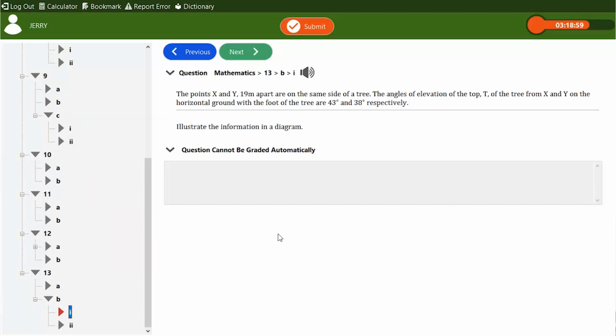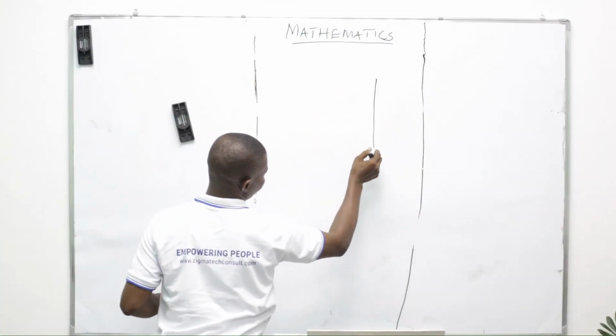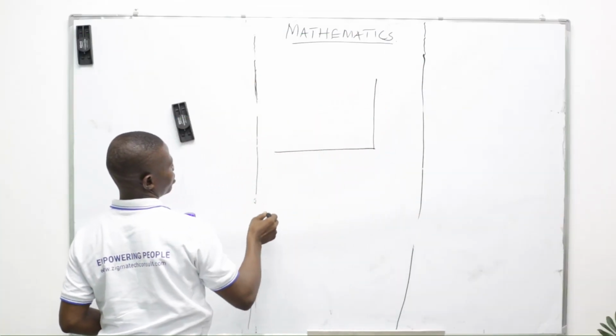The only challenge I'm seeing in this question is the big angle coming before the smaller one. Meaning angle 43 is representing S, while angle 38 is representing Y. In lettering, we believe in alphabetic order.